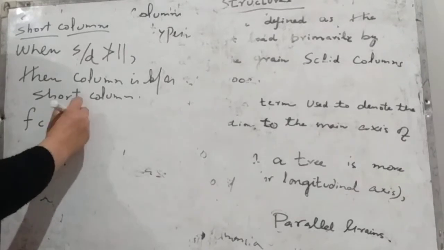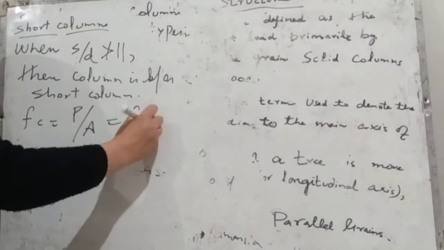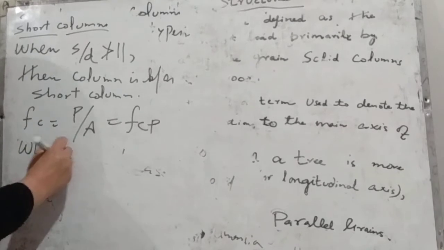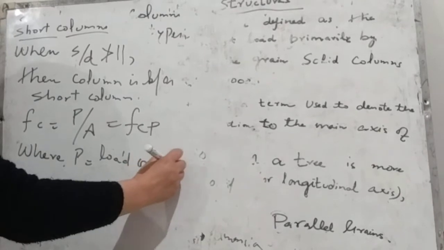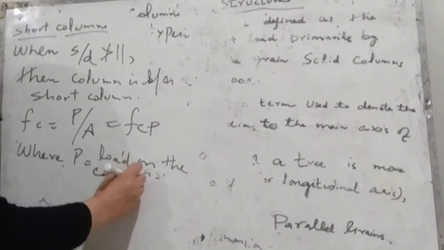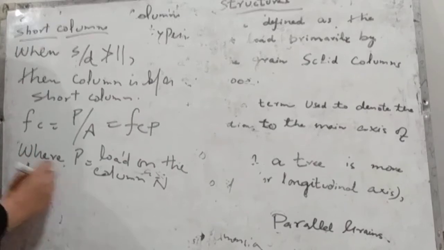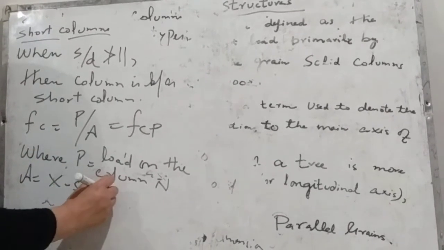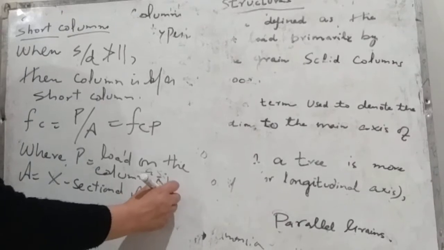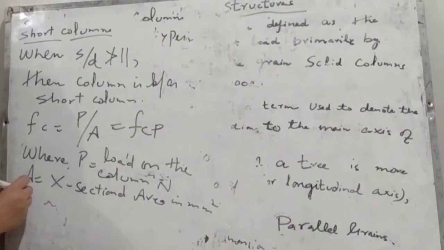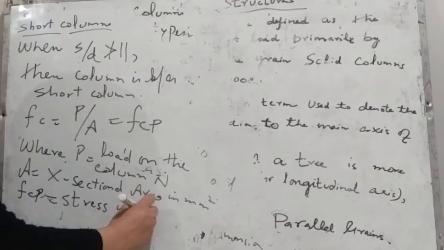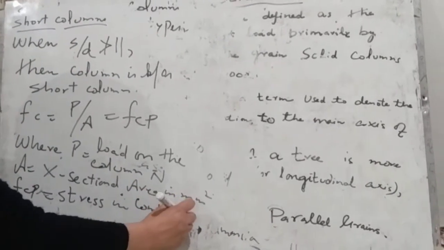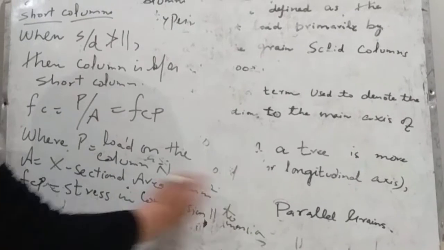Stress is equal to P by A is equal to FCP, where P is the load on the column and its units will be Newton, A will be your cross-sectional area in mm square, and your FCP will be stress in compression parallel to the grains.